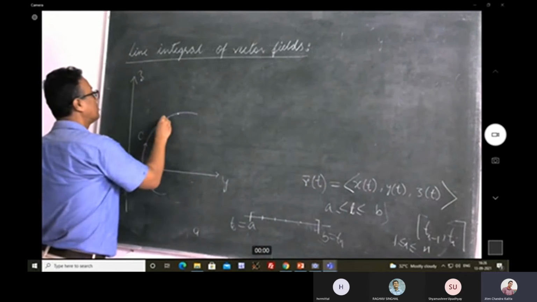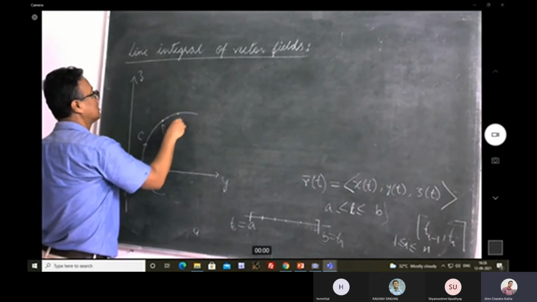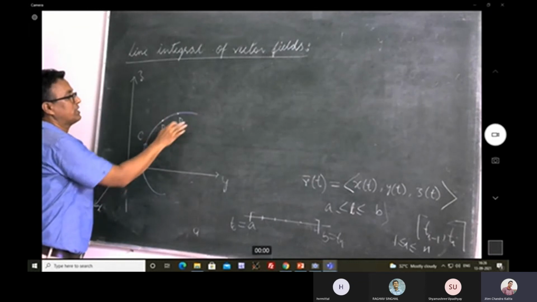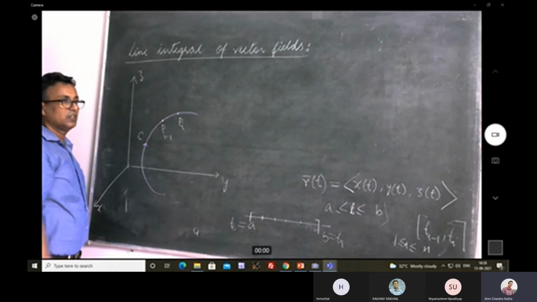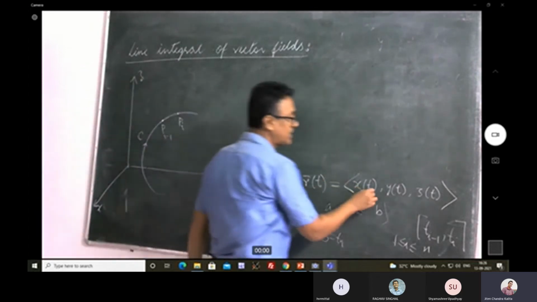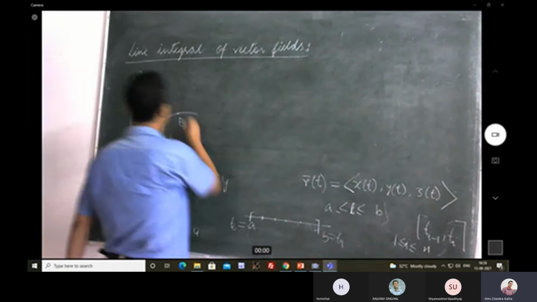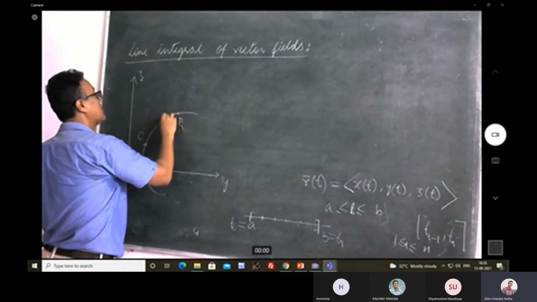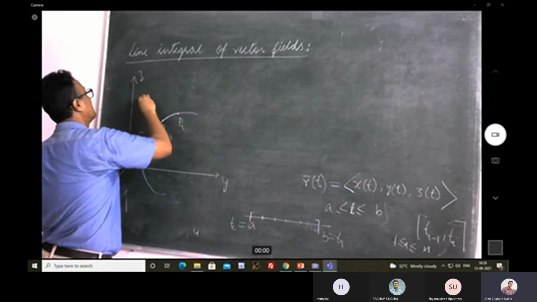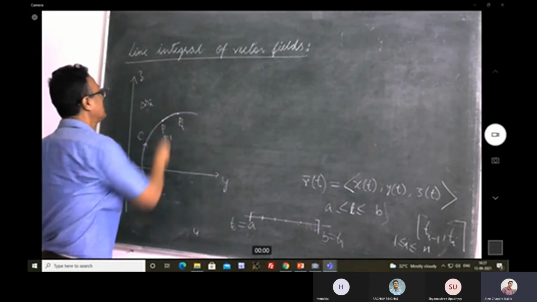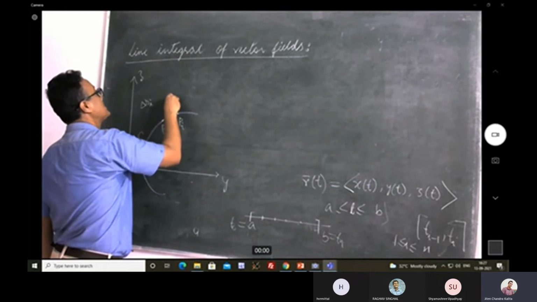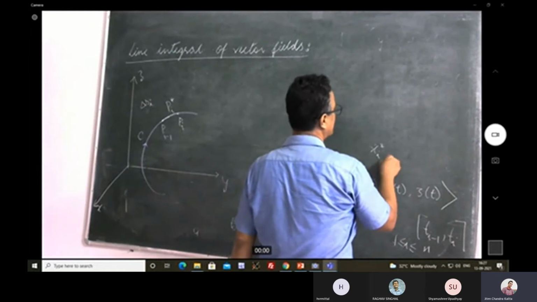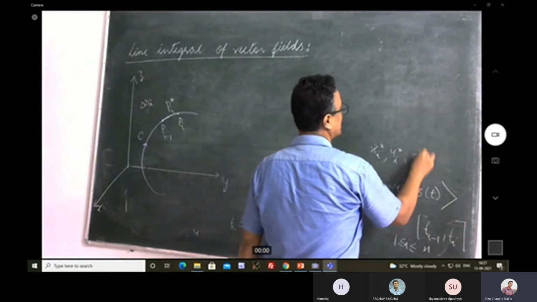Consider this sub-arc whose initial and final points are P(i-1) and P(i). P(i-1) corresponds to x(t(i-1)), y(t(i-1)), z(t(i-1)). Similarly, P(i) is also like that. You already know the formula. In this sub-arc, which is of length delta s_i, we consider a point Pi star with coordinates xi star, yi star, zi star.